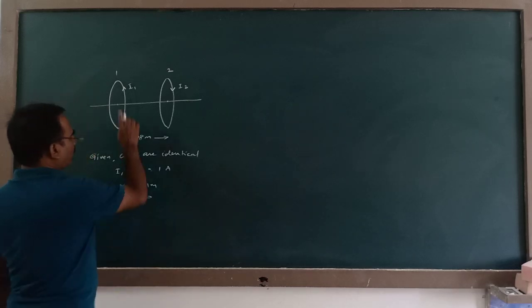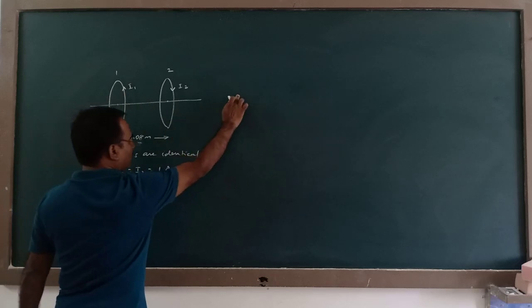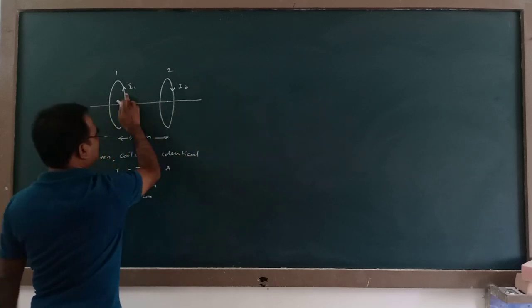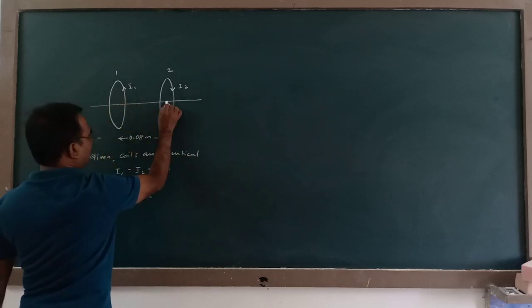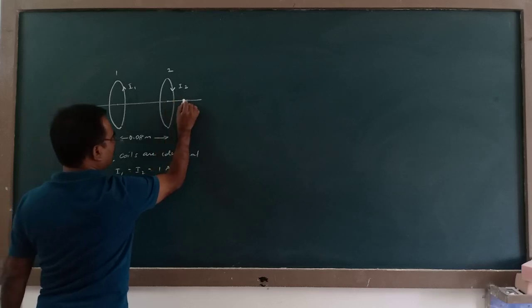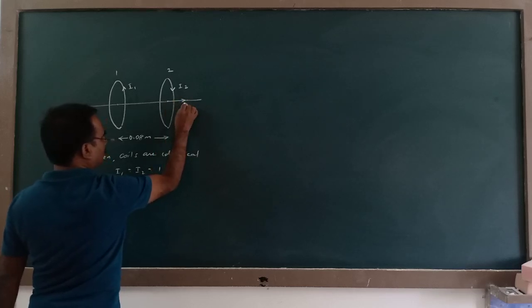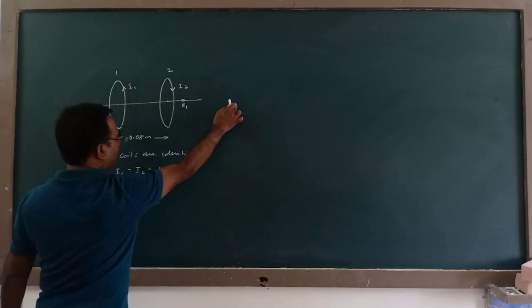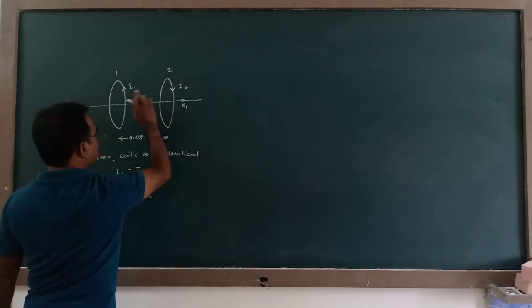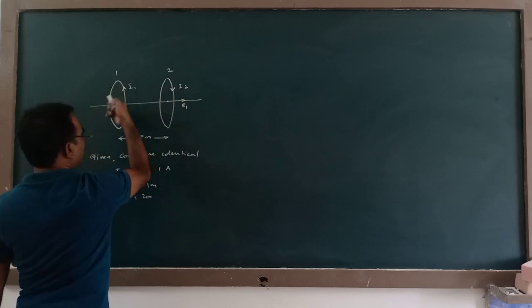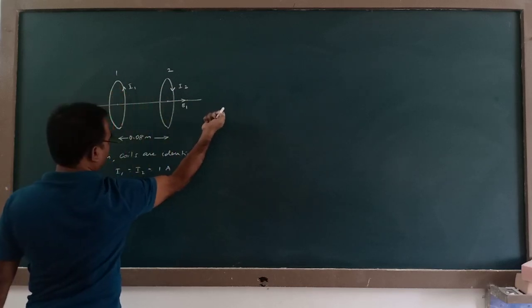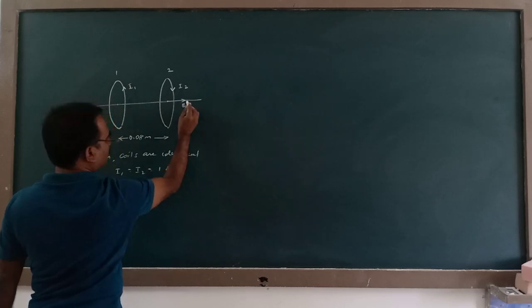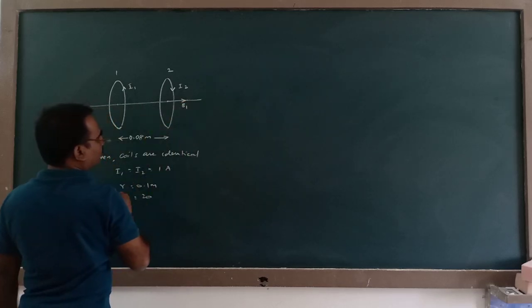You see here, with respect to an observer standing here, this current is anti-clockwise, so at this center the magnetic field due to this current is in this direction, B1. If there is an observer standing here, for this observer, this current I1 is in the anti-clockwise direction, so magnetic field is towards the observer, so this is B1.